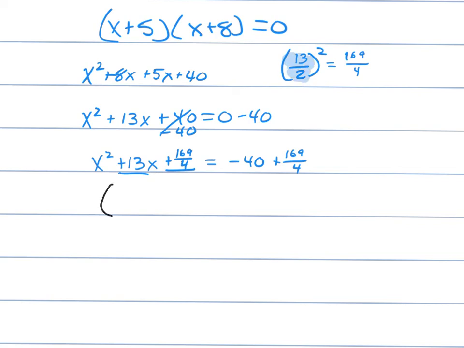What does this factor into here? X plus 13 halves. And again, where do I keep getting that number? It's right there. That's why I keep highlighting it. That's where we're getting the number. Is equal to, well, let's turn negative 40 into fourths.